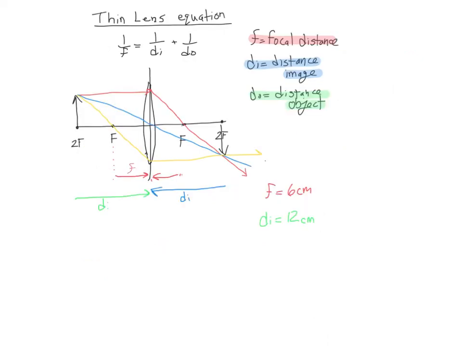At this point, I am able to pull down my equation, which is 1 over f is equal to 1 over di plus 1 over do. And of course, the unknown here is going to be distance of the image, my apologies. So we're looking for di.